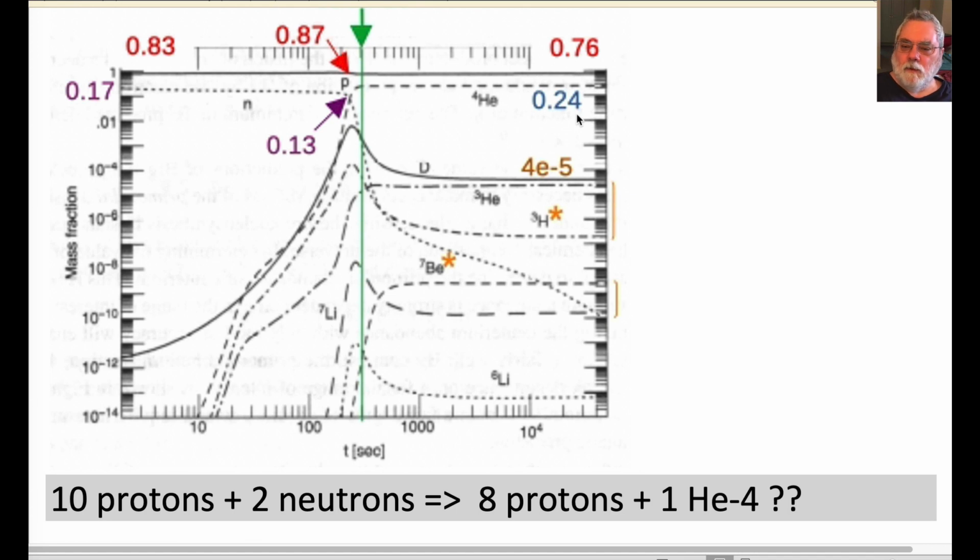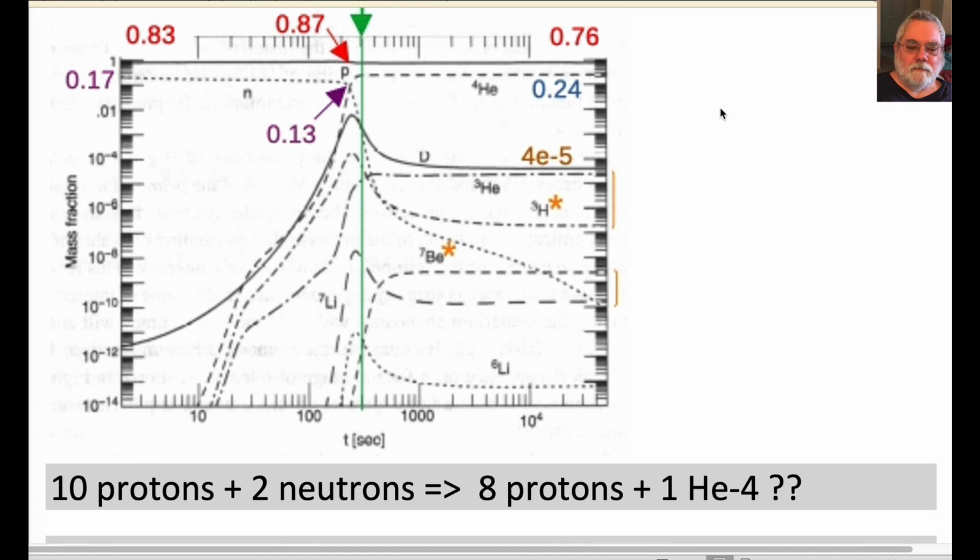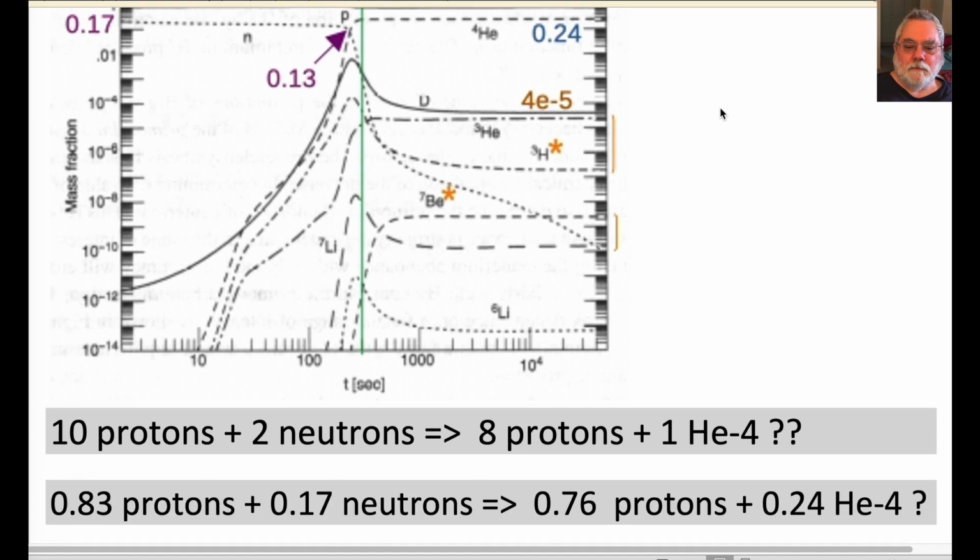This is close to what happens, but actually, the actual final mass fractions were 0.76 for hydrogen protons and 0.24 for helium-4. So 1 helium-4 nucleus for every 12.7 free protons.